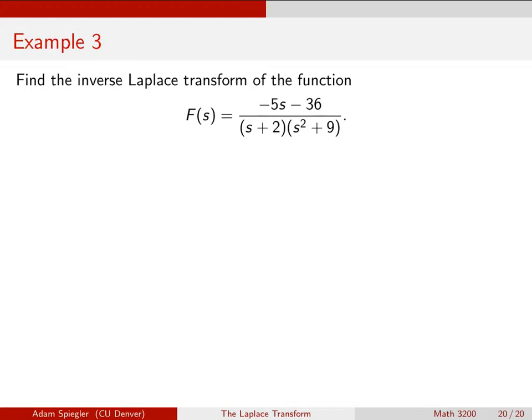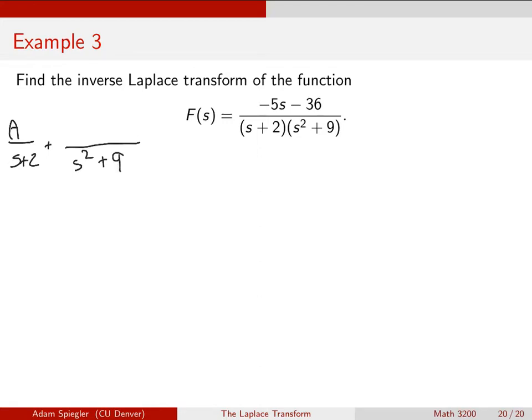So we're going to write this as a sum of something that looks like A over s plus 2, plus, and then the other factor is s squared plus 9.